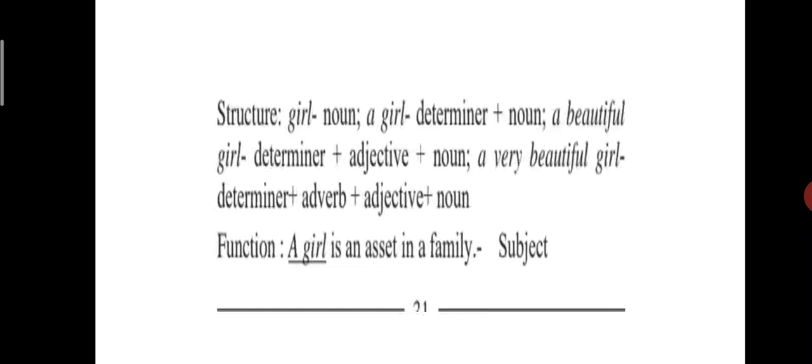Function: a girl is an asset in the family. In this sentence, a girl is the subject and it is a noun phrase. So the function of a noun phrase in the sentence is a subject.